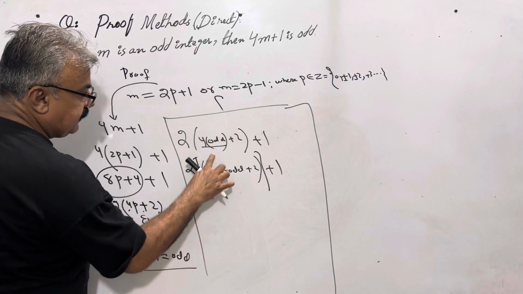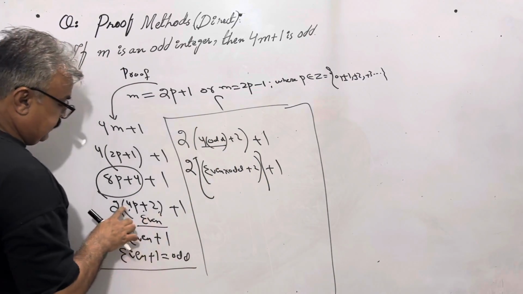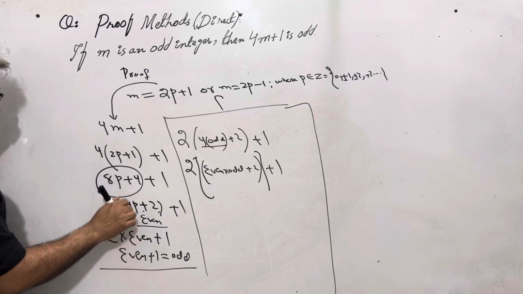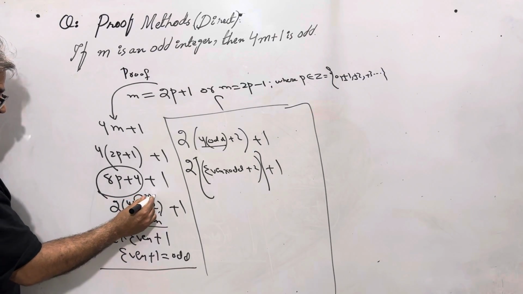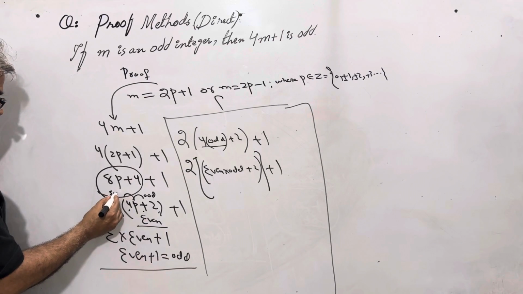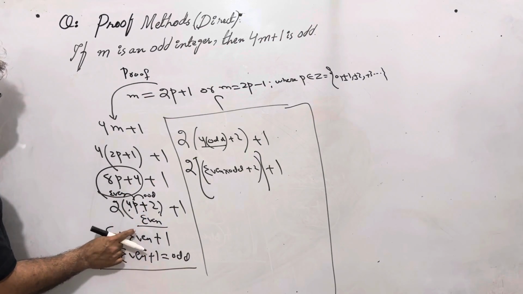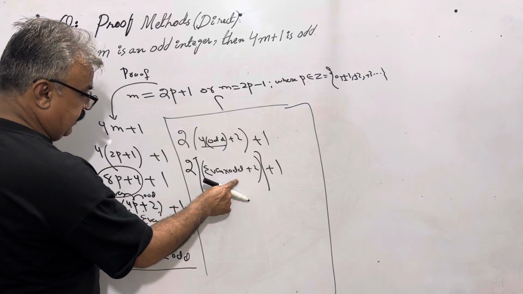We have two possibilities for p, even or odd, and we are discussing both. We have taken p odd.